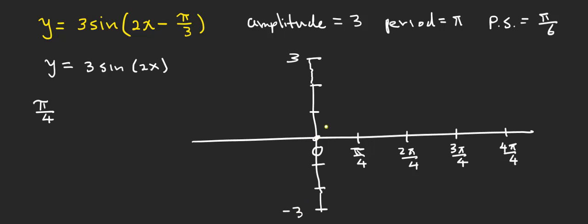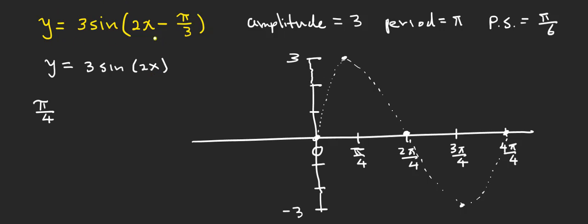You start from middle, top, middle, and then bottom, and then middle. So this is a graph of y equals 3 sine of 2x.